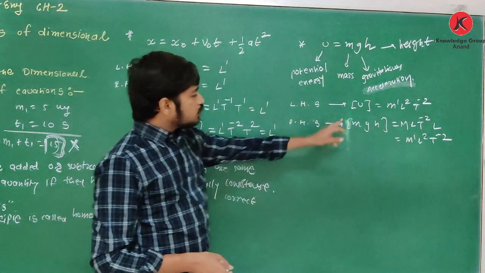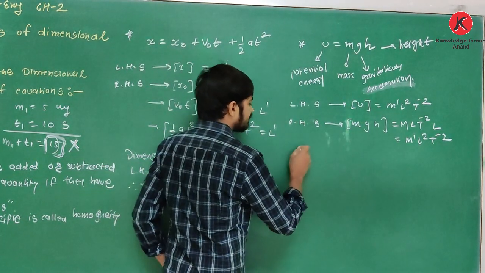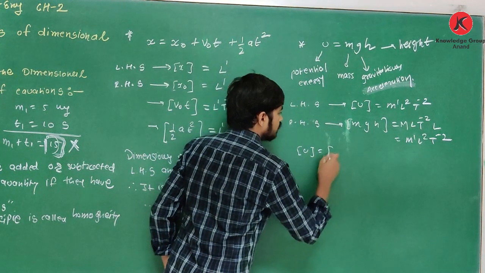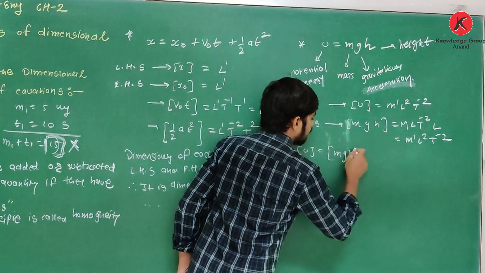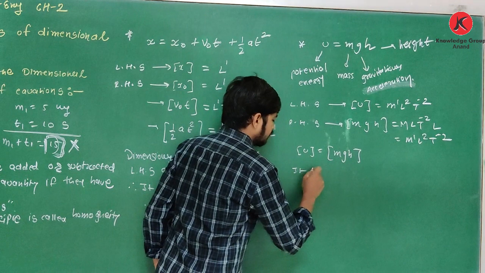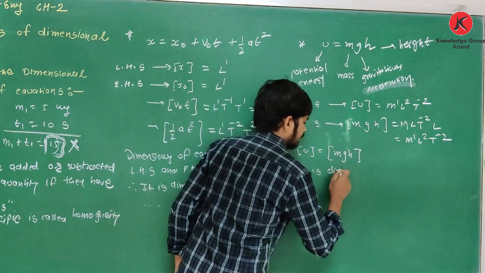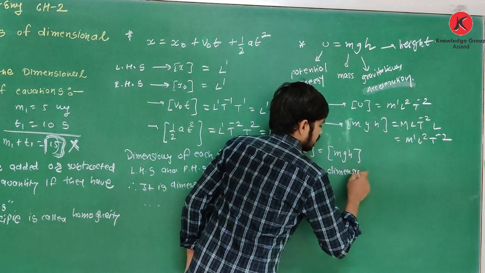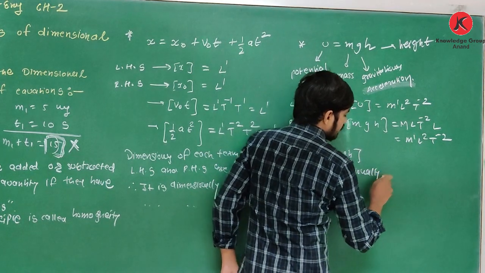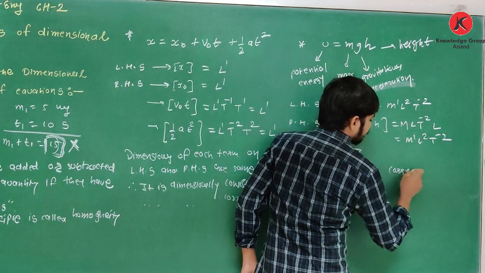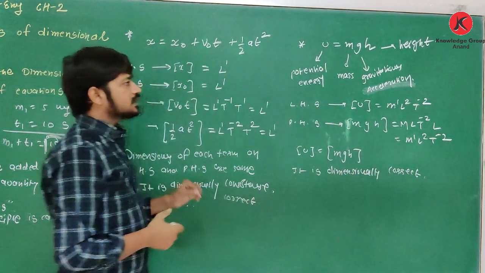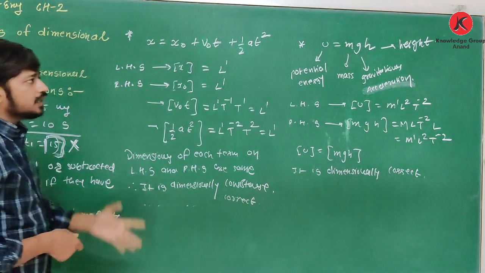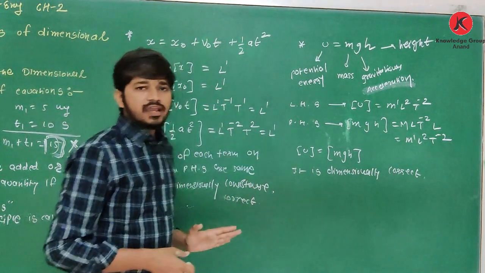So the dimensional formula for U and mgh are the same. The dimensional formula of U is equal to the dimensional formula of mgh, which means it is dimensionally correct. Clear about this? So it is one equation, U is equal to mgh.